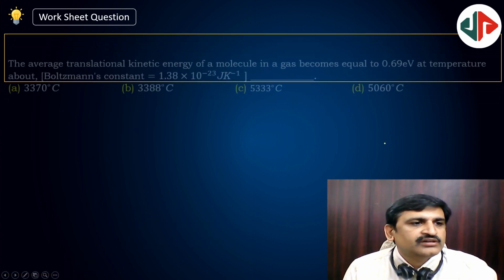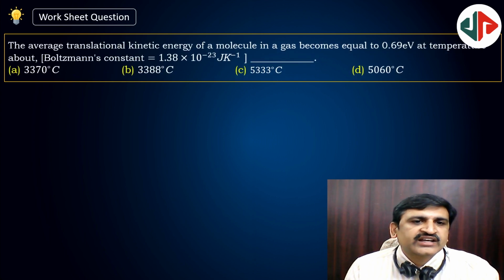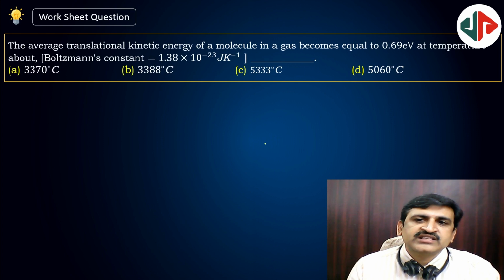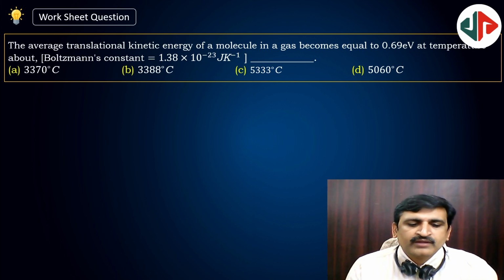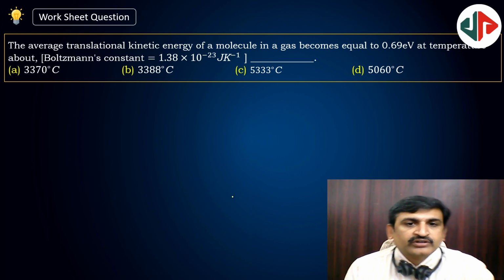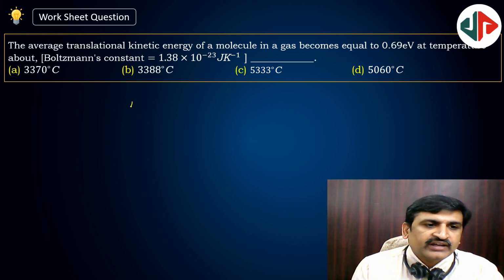Next. The average translational kinetic energy of a molecule in a gas becomes equal to 0.69 eV at a temperature, with Boltzmann's constant given. Is that in electron volts? Okay, yes, that can be electron volt. So the average kinetic energy KE is equal to 3 by 2 kBT, Boltzmann's constant into temperature.